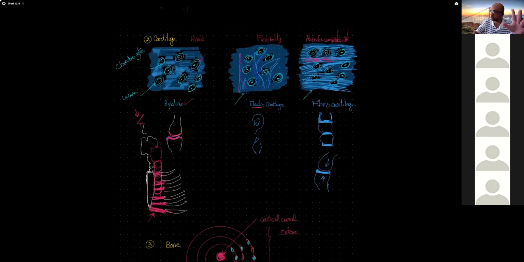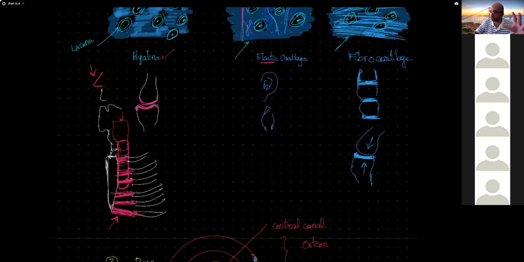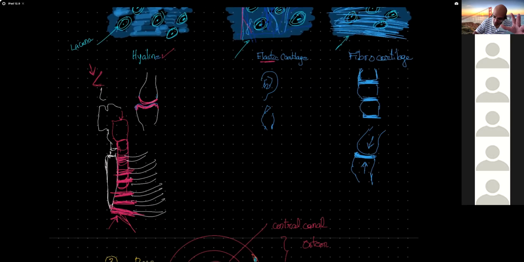All right, so this works fine. All those locations are good for the hyaline cartilage. It makes sense to have just hyaline cartilage. I don't need flexibility. I don't need to absorb compressive shock in all those locations. I need just a strong structure that doesn't get inflamed.